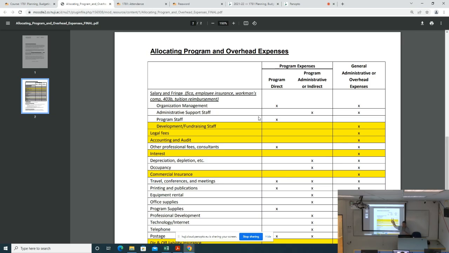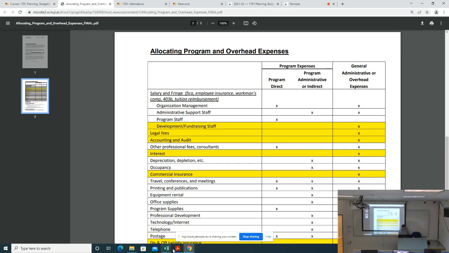They just call it by different names. So they call it program direct, program administrative, and general and overhead. Okay, so overhead is overhead, and program direct is what we call program variable, and program administrative is what we call program fixed. So different terminology, but exactly the same idea. Okay, so now it's more clear?